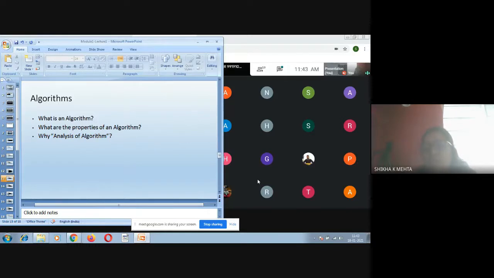How we are going to get the result, how much time it is going to take, how much space it will require, how the algorithm will behave with a change in the input, right? So this is basically the main reason we do the analysis of the algorithms. When we are analyzing the algorithm, we want to know the behavior, the efficiency, and the performance of the algorithm.